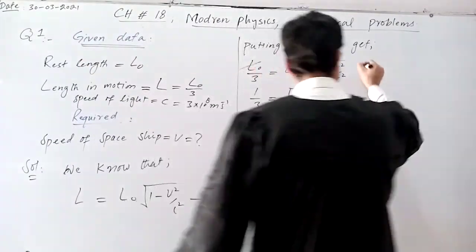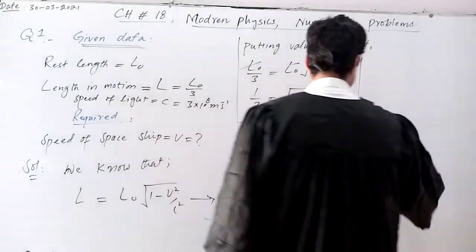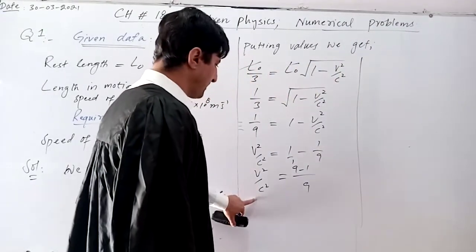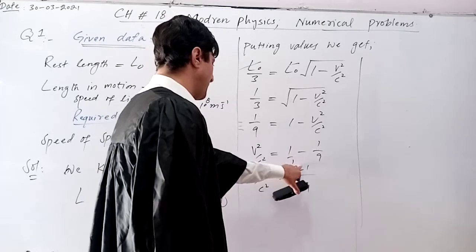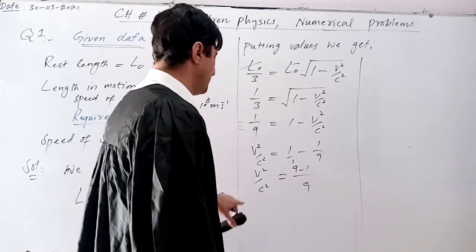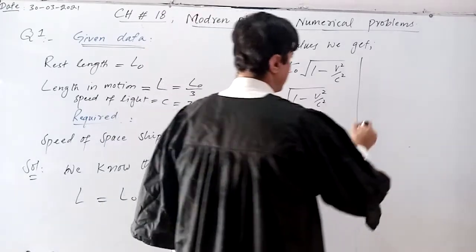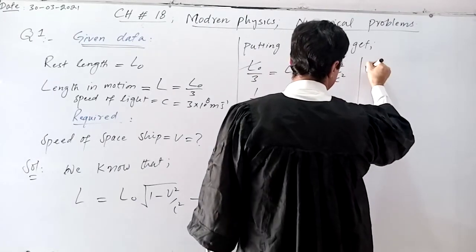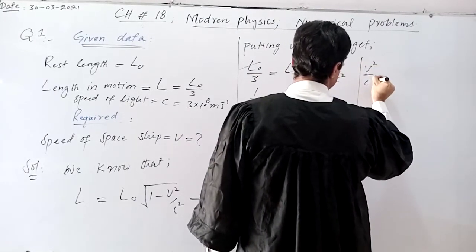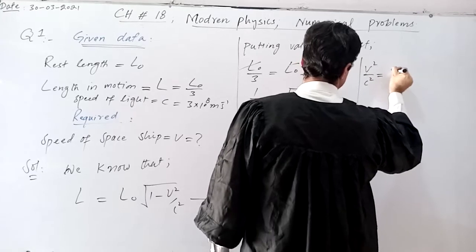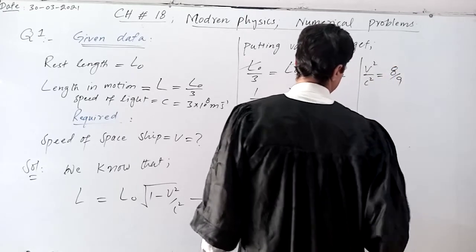So it will become 8 divided by 9. So v square divided by c square equal to 8 divided by 9.